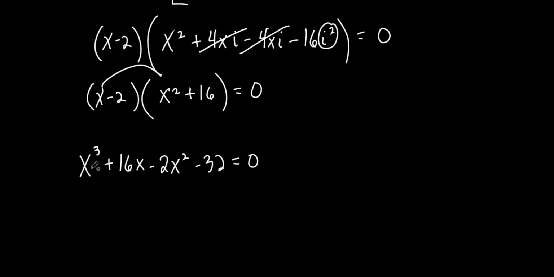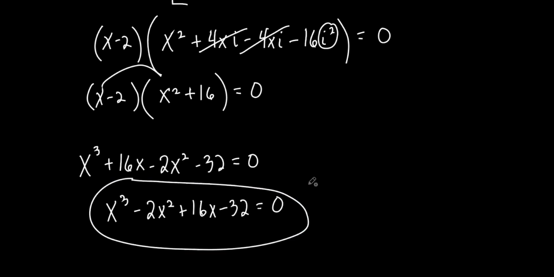Well, I got an x cubed. Look, what should go next? Yeah, let's put it in order, okay? They call it descending order, right? I think I talked about that in here before. Watch, we're almost done. X cubed, what? Minus 2x squared plus 16x minus 32, and that's equal to what? 0.